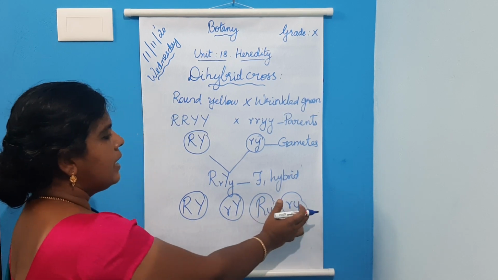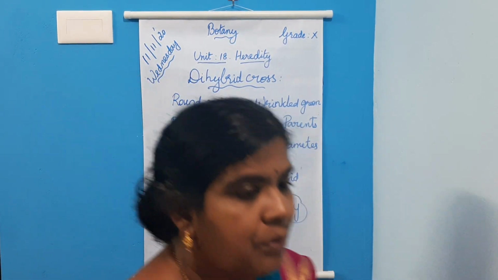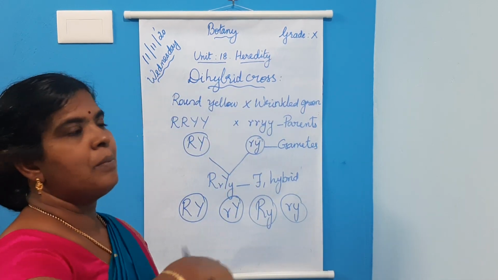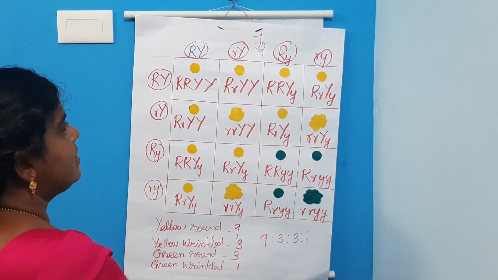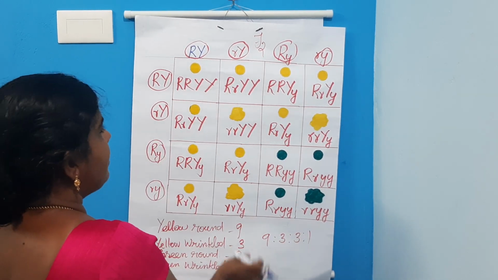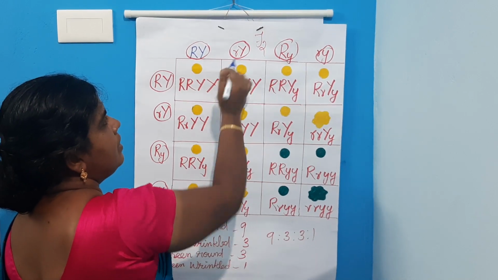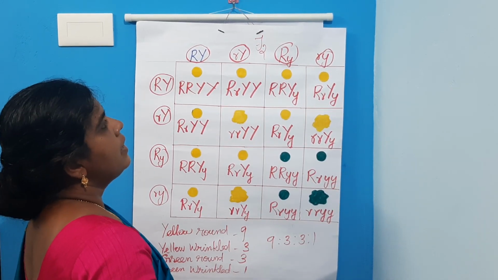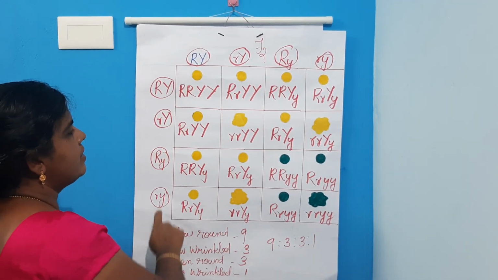These are the gametes from the F1 hybrid. When these F1 hybrids are crossbred among themselves, they produce 4 different types of seeds. So we write these gametes like this, and the same gametes you have to write here.